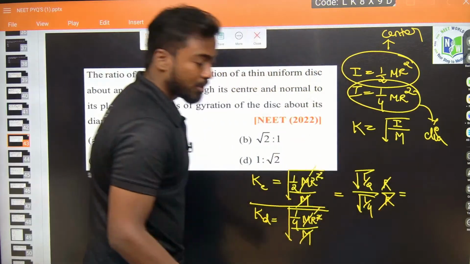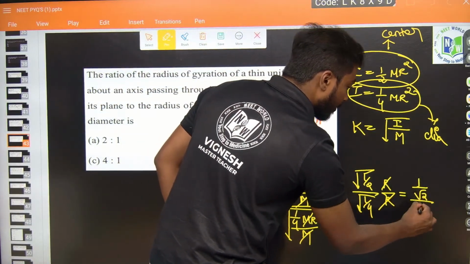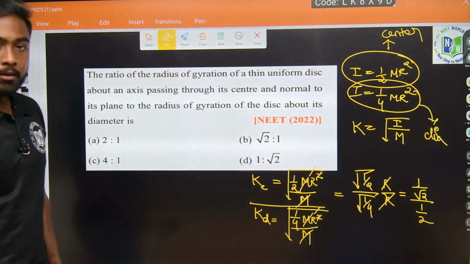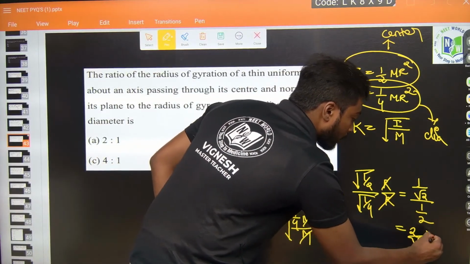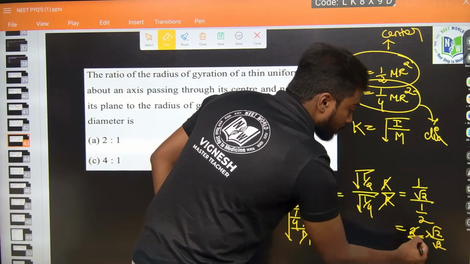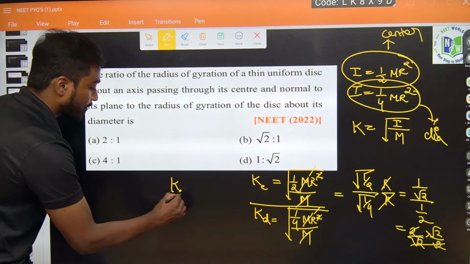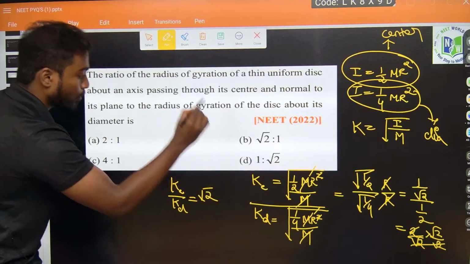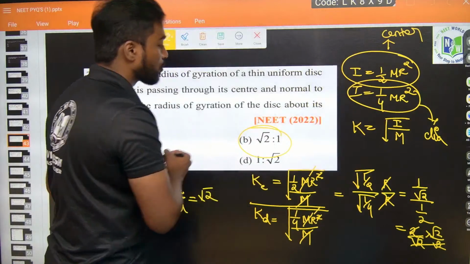Which is equals to 1 by root 2 by 1 by 2, so 2 by root 2 into root 2 by root 2, which is equals to this 2 and this root 2 will get cancelled. So what is the answer? K center by K diameter will be equals to root 2. So root 2 is to 1 is the answer.